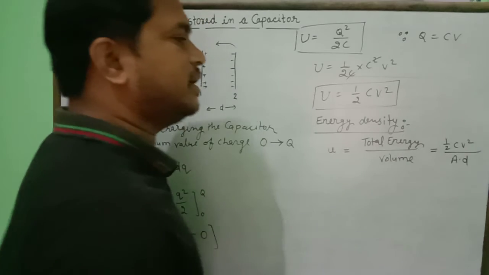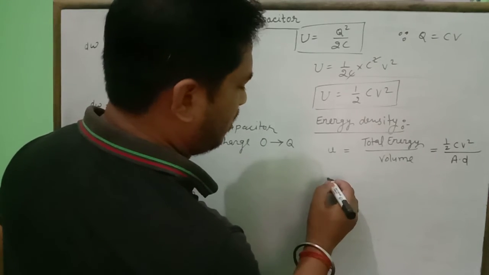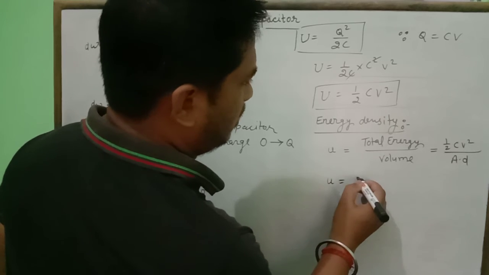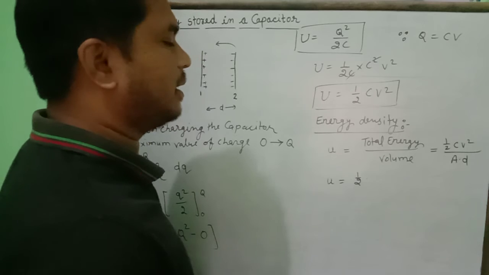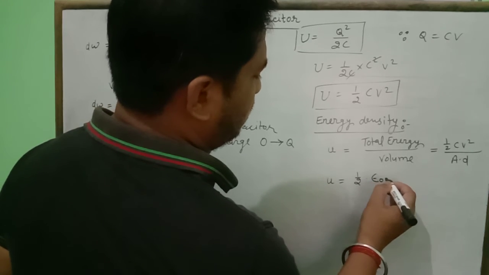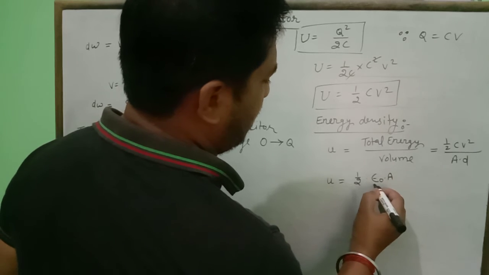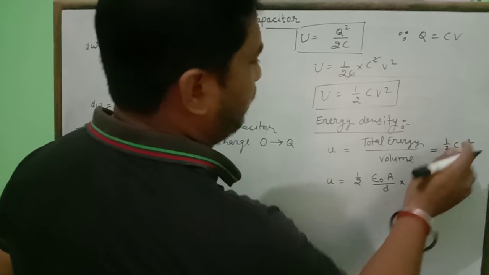C is the capacitance of this parallel plate capacitor in the medium air, so we can apply the value of capacitance of a parallel plate capacitor in air, which is epsilon naught A upon d, into V square.